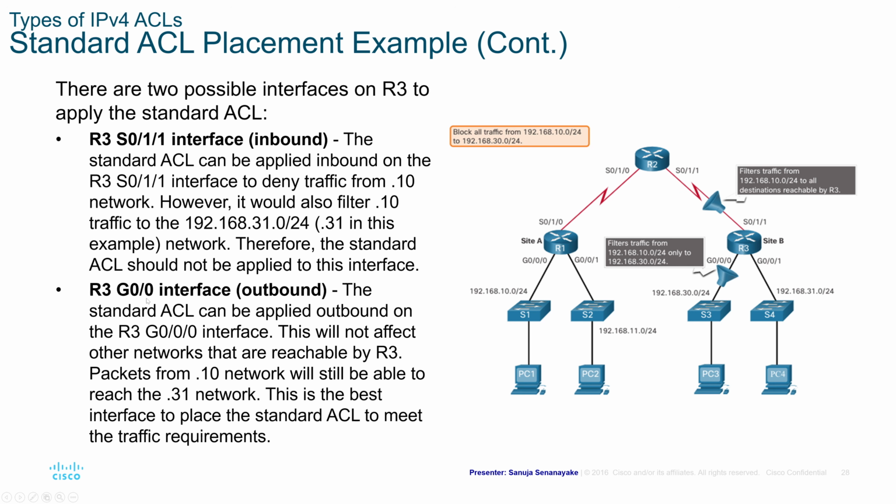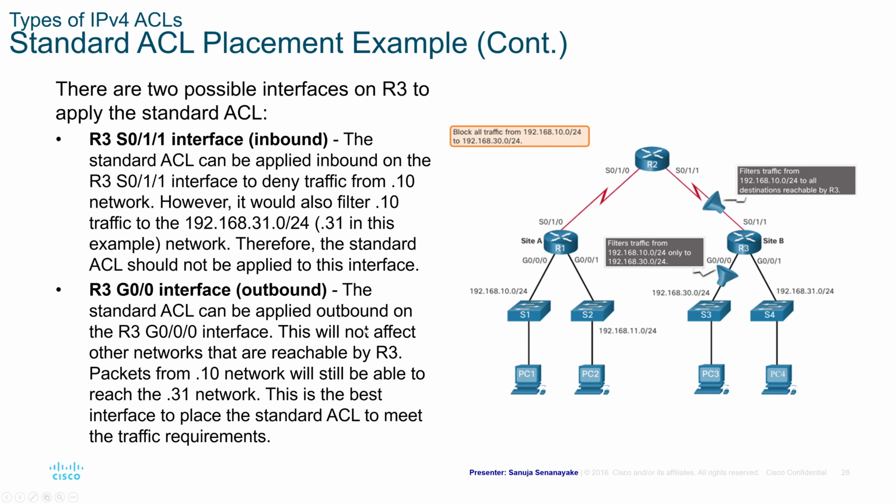So on the R3 G0/0/0 interface, this should have another 0 just like that. That would be the outbound interface. The standard ACL can be applied here on the outbound interface of G0/0/0, and this will not affect the other networks that are reachable by R3.